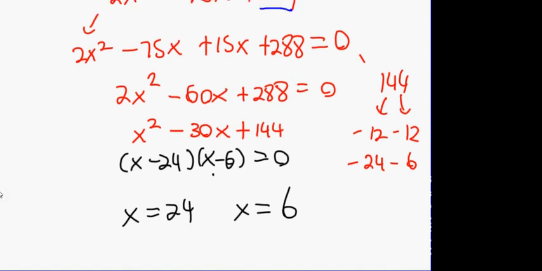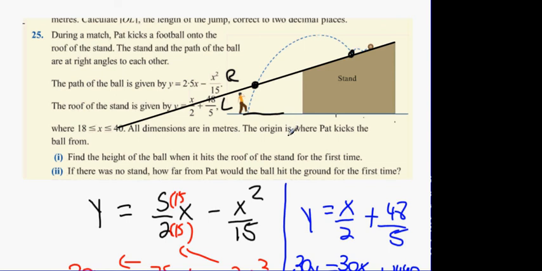Now look back up at the top. This arc occurs when, this is your x equals 6 value here, but it says the roof of the stand is given by this formula when x has to be bigger than 18, do you understand? So the formula for the roof of the stand, which is the straight line formula, only works from here to here.